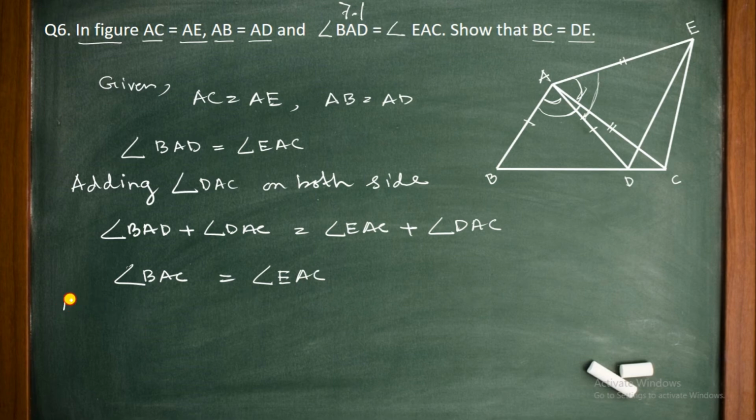Now in triangle BAC and triangle EAD, what you can see here is that AC is equal to AE. This one is given.